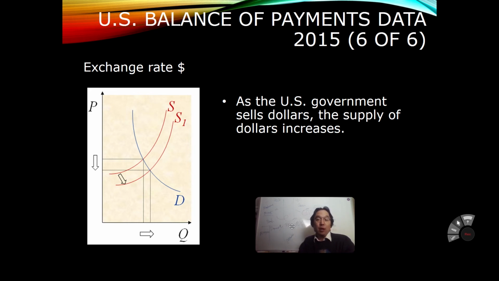You want your currency value to be depreciated a little bit, so the U.S. government can intervene and push more dollars into the FX market. In that case, the whole supply curve shifts to the right on a massive scale, so that you will see the equilibrium price decreasing.